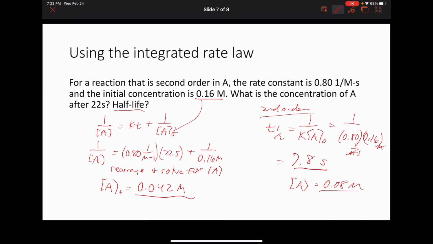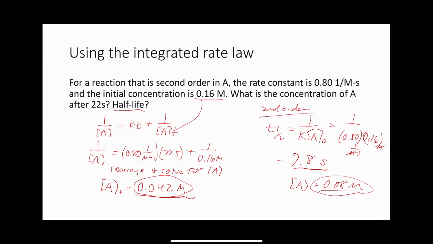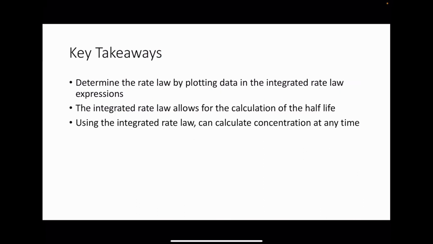And we can use this information for first order, zeroth order, second order, it doesn't really matter. Once we have the integrated rate law, we can use it to solve for concentrations at particular times, which can be very useful. And so these are the takeaways from this video.